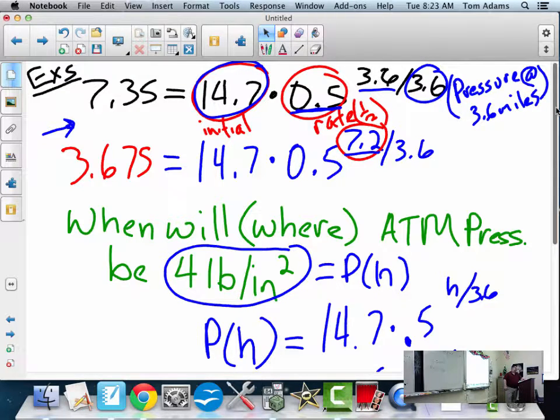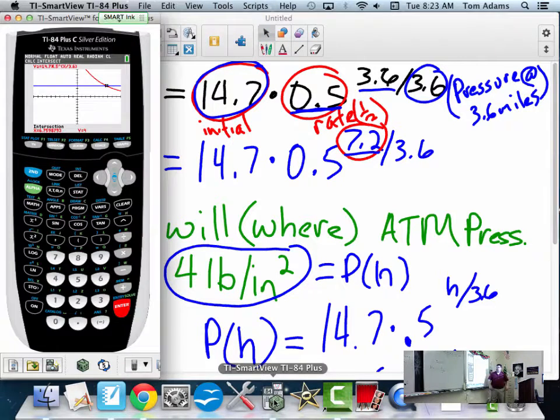How can we double check? That's what we're going to do. We want to double check that. The calculator's given us an answer, but again, Mr. Adams could have entered something in wrong. What if I entered one number in wrong when I went to graph it? How could I double check this?